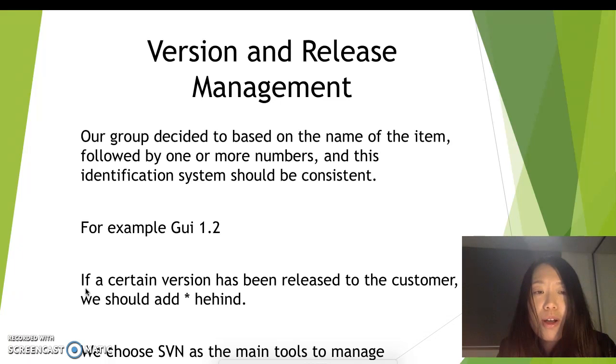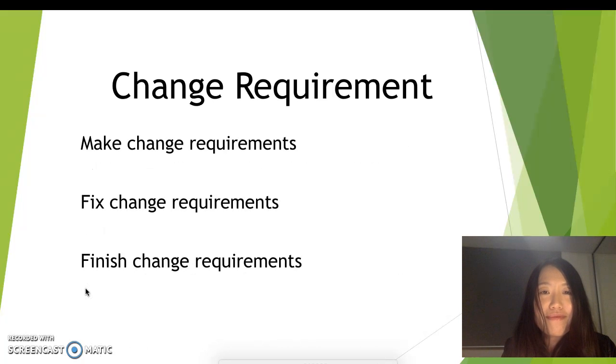For example, GUI 1.2 means the second version in code line 1 of the GUI component. If a certain version has been released to the customers, we should add a star behind it. We also chose SVN as the main tool to manage this, and we have already implemented it.